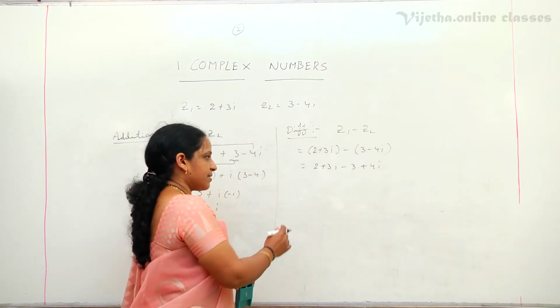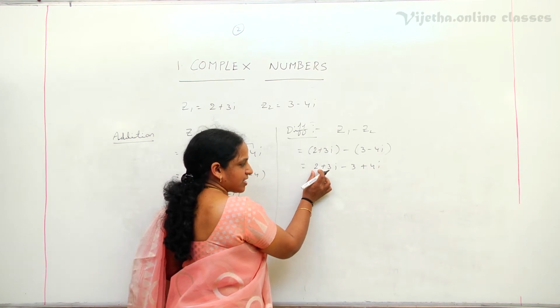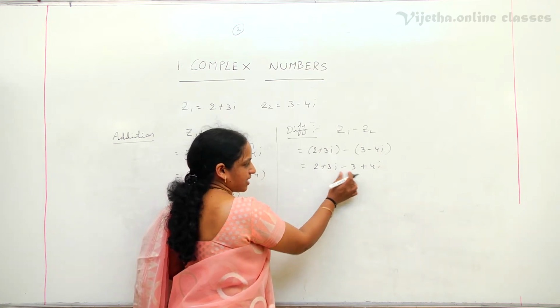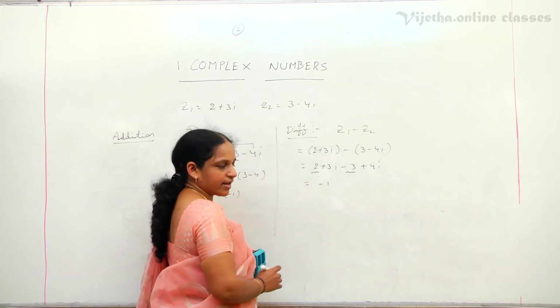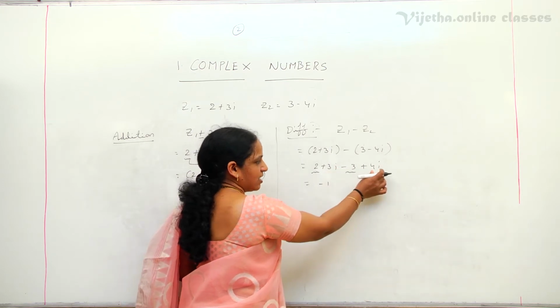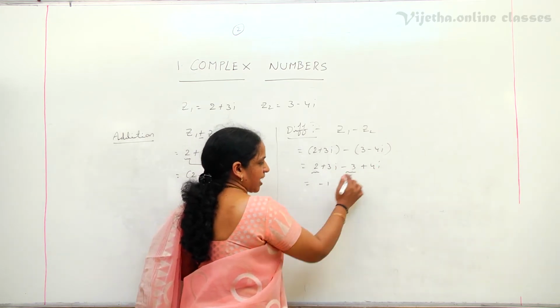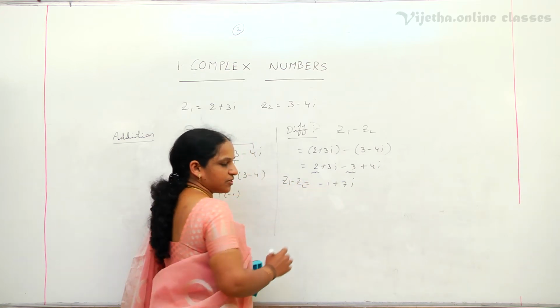Again, what is the real part here? 2 and minus 3. So 2 minus 3 is minus 1. Next, the imaginary part: 3i and 4i. So 3i plus 4i is 7i. This is the difference, Z1 minus Z2.